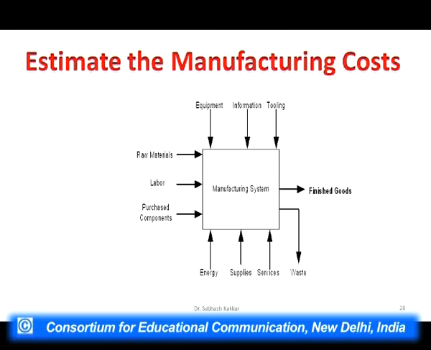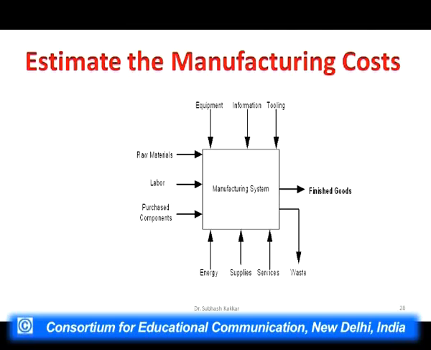Again, these are input to the manufacturing system. At the bottom, we have attached services required for manufacturing system, energy, power which is required to run the plant and the machinery. It is part of the manufacturing system, supplies and the services.